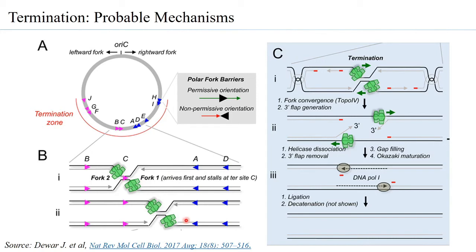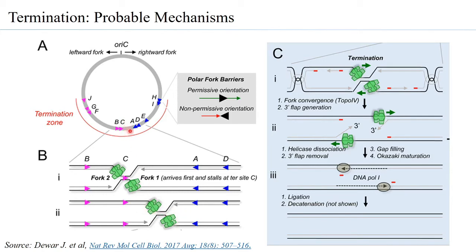The other proposed mechanism suggests that it is not necessary that the replication fork is trapped by the ter regions. In that scenario, both the replication forks will move but meet at this terminus region.